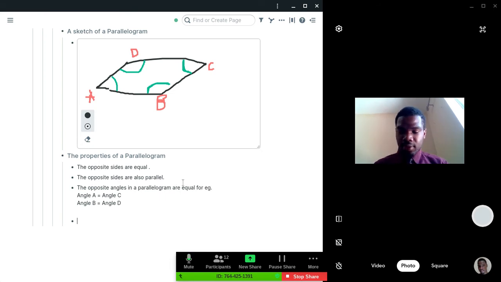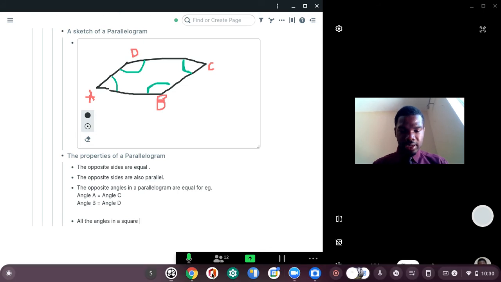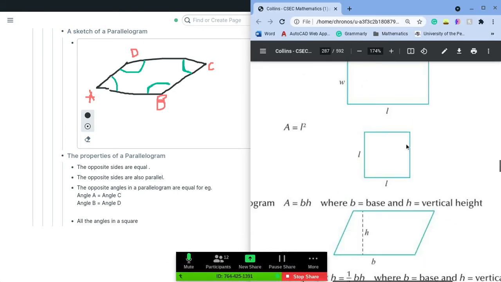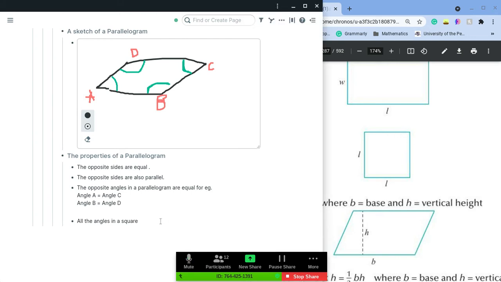For example, all the angles in a square add up to how much? This is 90 degrees, this is 90 degrees. All the angles in a square add up to 360 degrees.